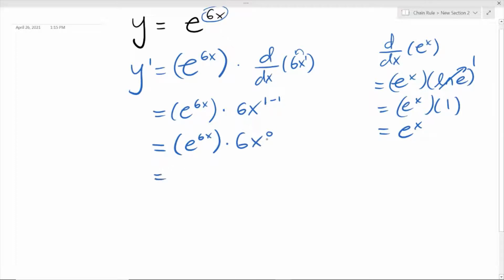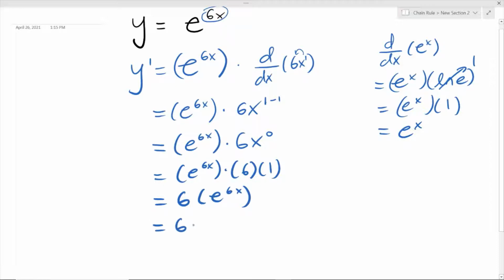And then we know x to the exponent of 0 is equal to 1, so e to the exponent of 6x times 6 times 1, and that's just simply going to be 6 times e to the exponent of 6x. Okay, this one we don't need to write, and then 6 times e to the exponent of 6x, like that without the brackets. And there we have it.